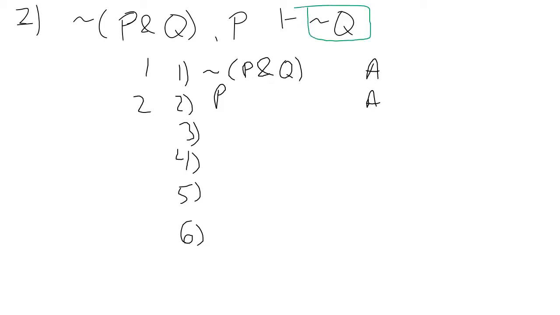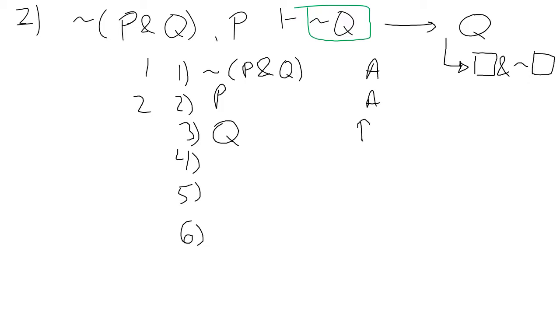My conclusion is a tilde Q. And as I told you, whenever the main operator in the conclusion is a tilde, just assume the opposite of it and look to build a contradiction. So we're going to assume Q, and we're going to look to get to some contradiction, something in which I get the statement on one side and the same statement on the other side, just with a tilde in front of it.